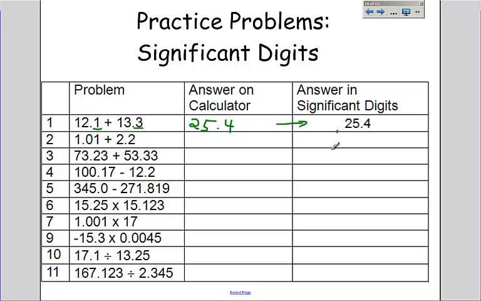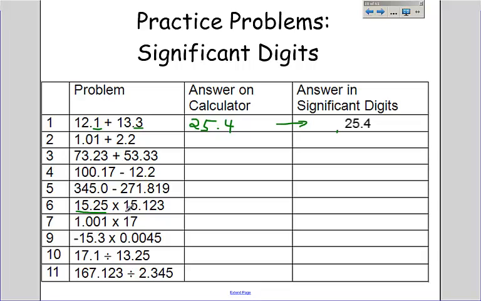25.4. Now, addition and subtraction is different from multiplication and division. So if we go down here to number 6, we see we have 15.25 and 15.123. Now remember, with multiplying and dividing, the rule is different. We're not just looking at the numbers after the decimal place, we're looking at all of them.